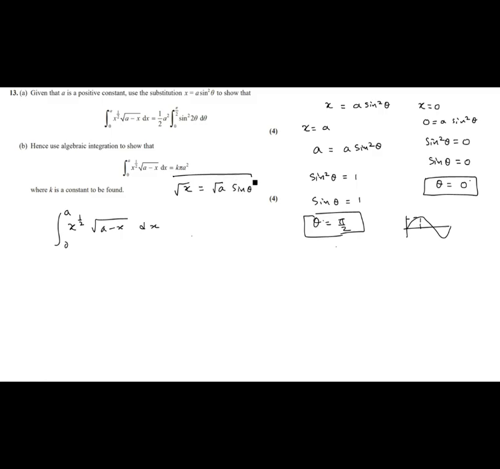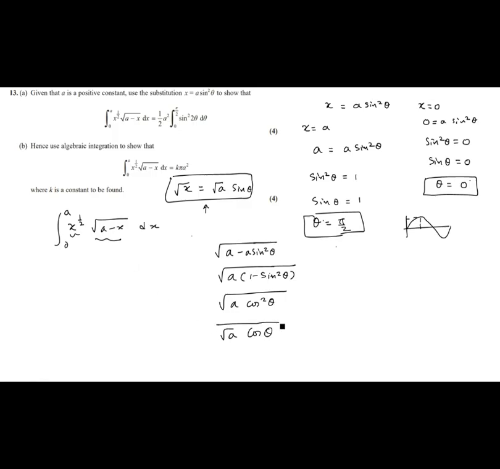Square root of x is the same as writing x to the power half. Now if we substitute for the square root of a minus x, x is a sine square theta. If we factorize this, taking a common, this becomes 1 minus sine square theta. Now 1 minus sine square theta is the same as cos square theta, so this becomes the square root of a cos theta. Okay, so that's for this part.